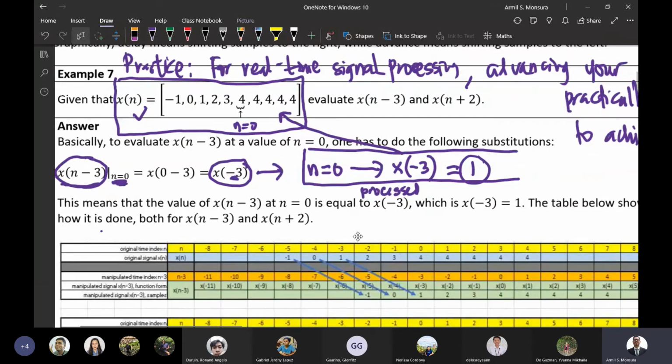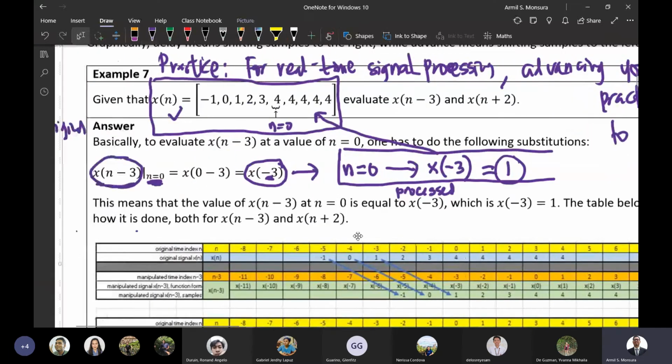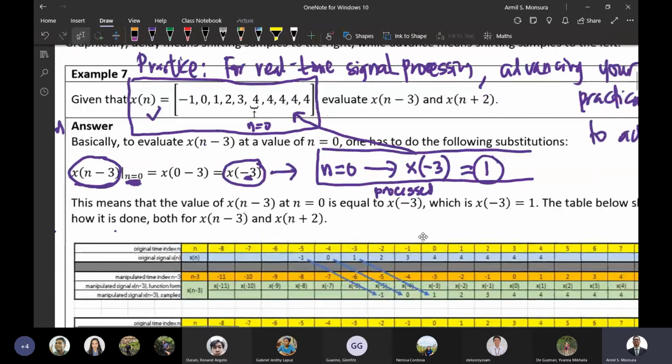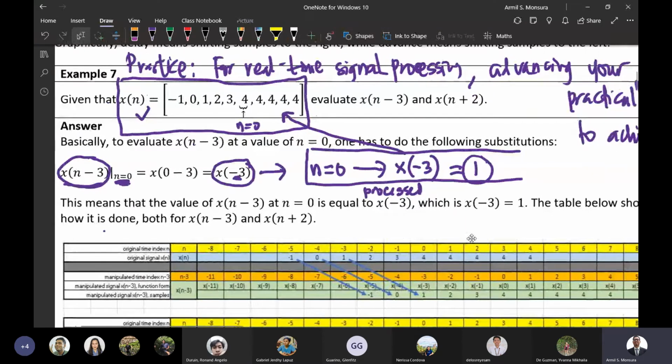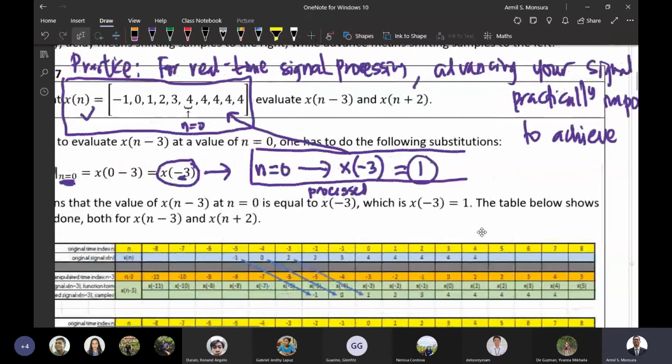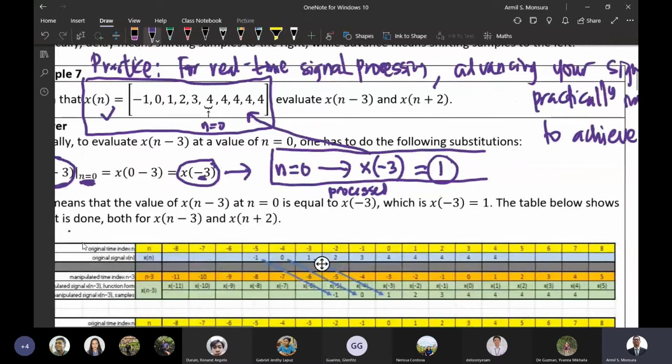Pag magta-tabulate tayo ng signal, essentially, gawa kayo ng time index. You create a row. Dito medyo row-wise yung ko kasi para makatipid ako ng space, kasi kapag ginawa kong columnar yung table ko, sasakop siya ng malaking space pababa. So gawa muna kayo ng original na time index, at saka yung original signal niyo.